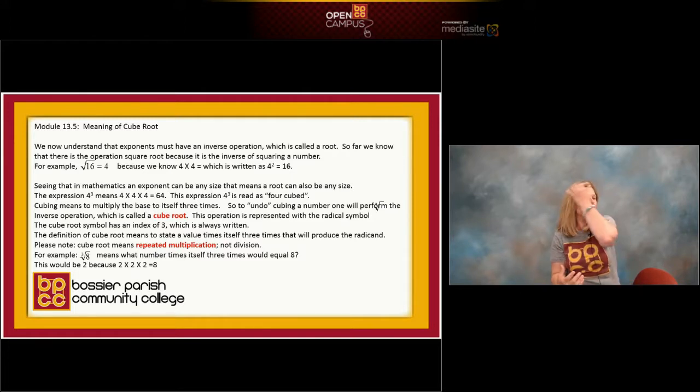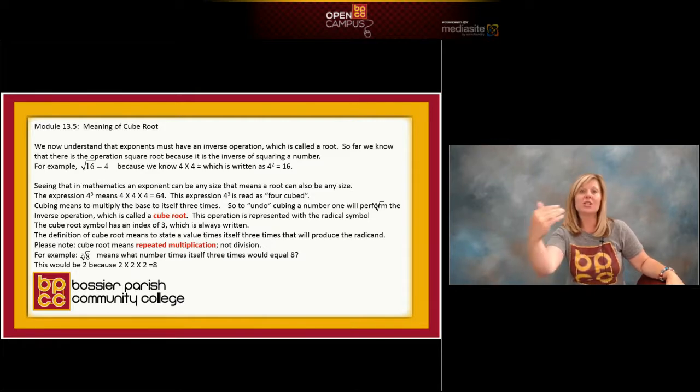And a cube root symbol is still the radical sign, the check mark, but now you will see the itty-bitty index of 3 in that left side. Okay, it kind of looks like it's inside the check mark. So the opposite of cubing is a cube root. If I'm asking you to do a cube root, yes, you will always see the index of 3 written.